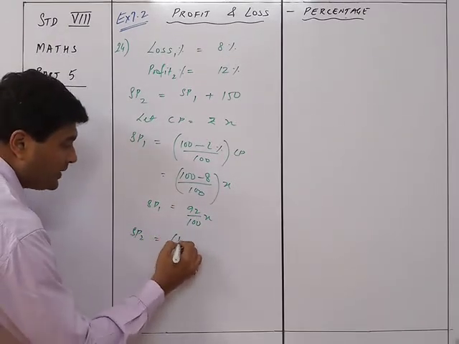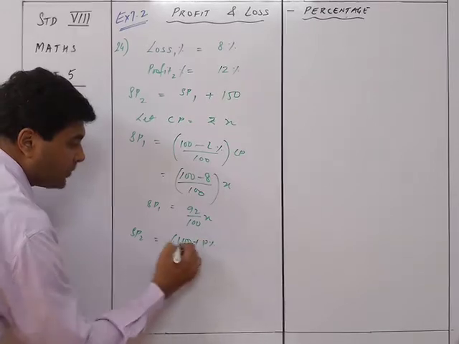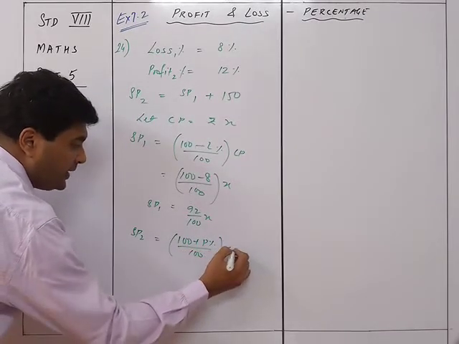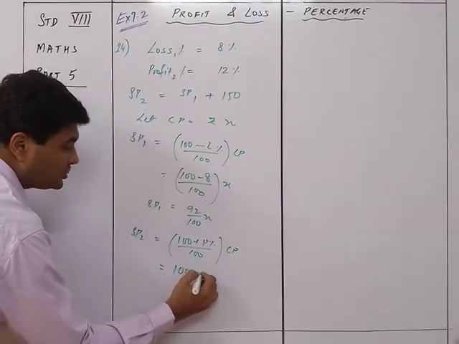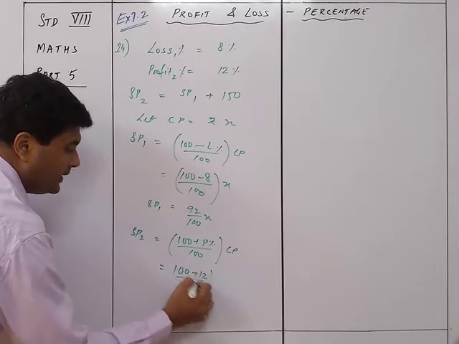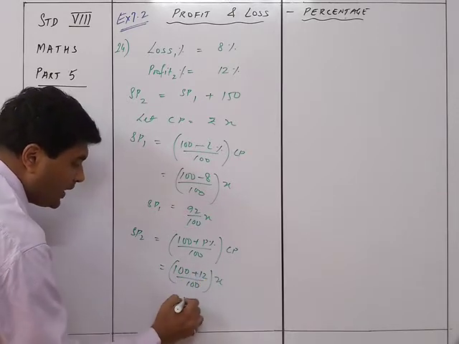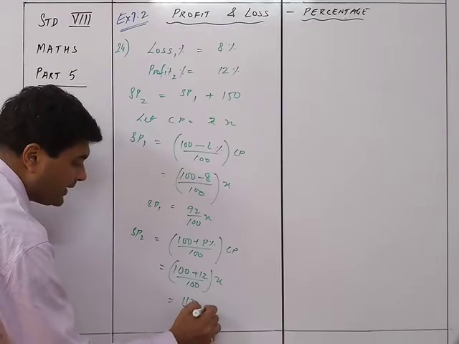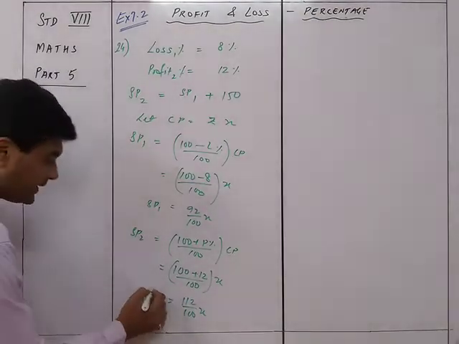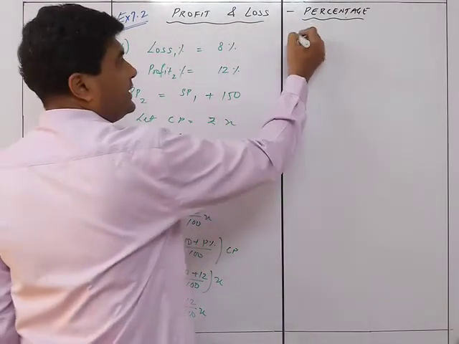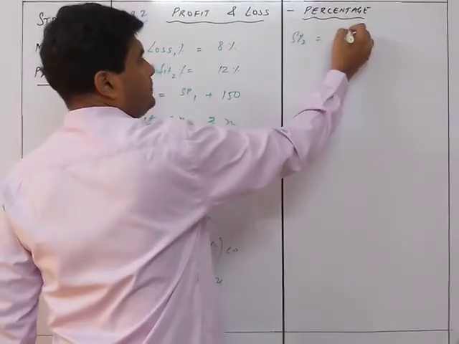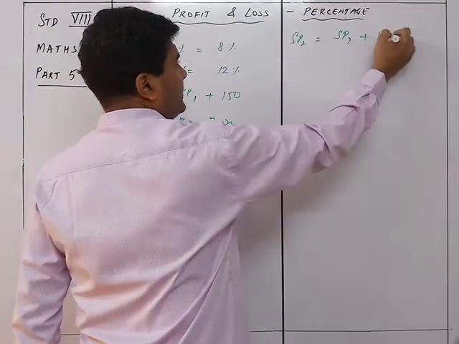SP2 is equal to 100 plus profit percent upon 100 into CP, that is 100 plus 12 upon 100 into X, is equal to 112 upon 100 X. That is SP2.